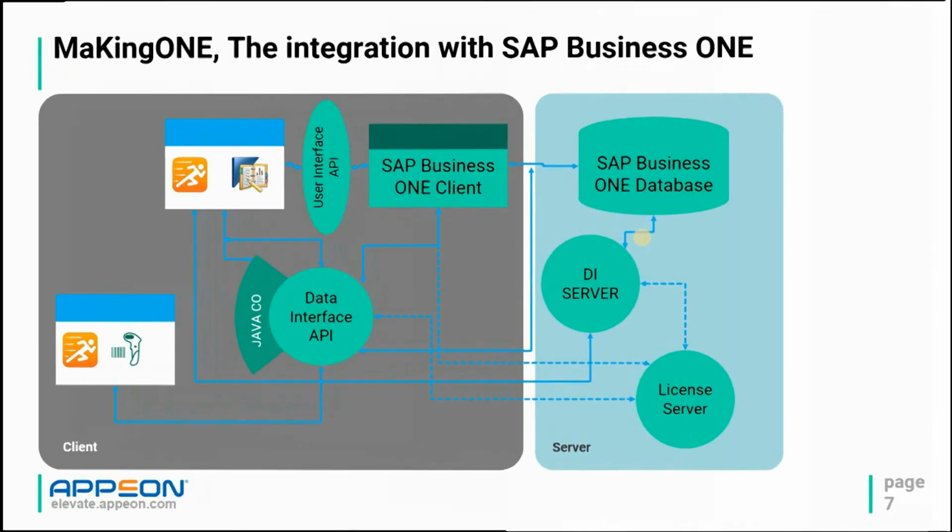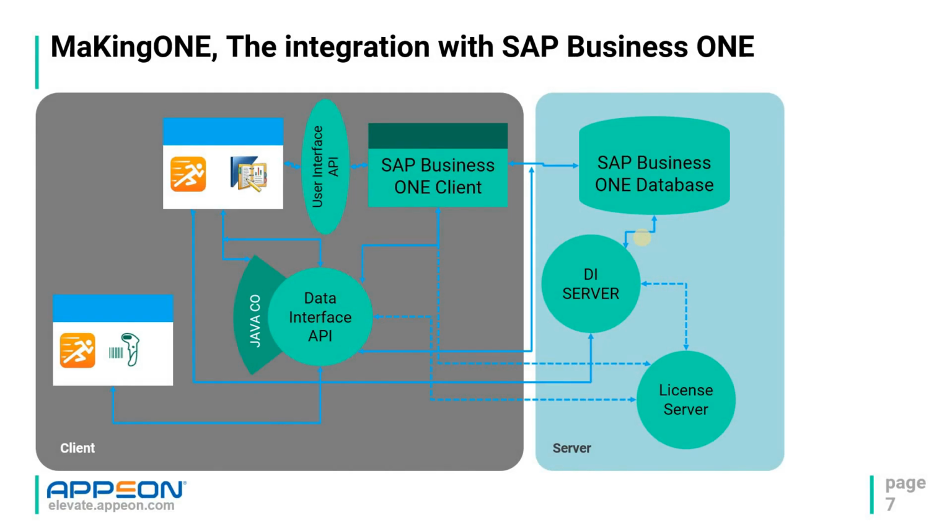Okay. MakingONE, the integration with SAP Business One. On this slide, we can see a schema of SAP Business One components. SAP Business One has 2 different parts, one server and one client. This is the classic or SQL version of SAP Business One.